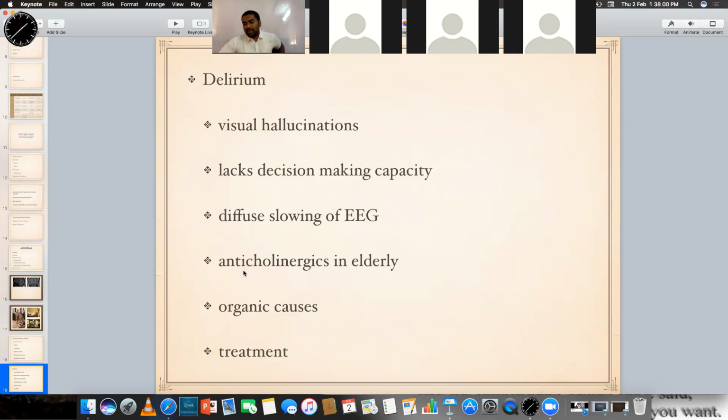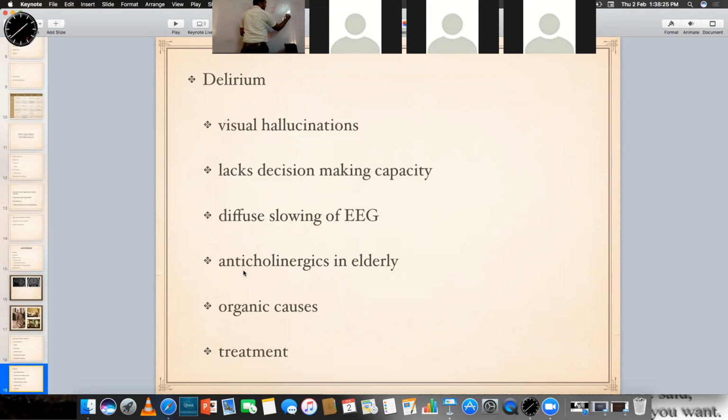What are the side effects of anticholinergics? What do anticholinergics work on? Although we say it's an anticholinergic, so it should definitely act on what? M receptors, because the M receptors are cholinergic receptors, right?